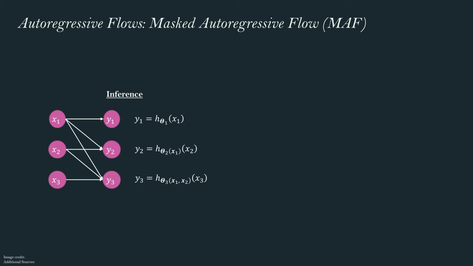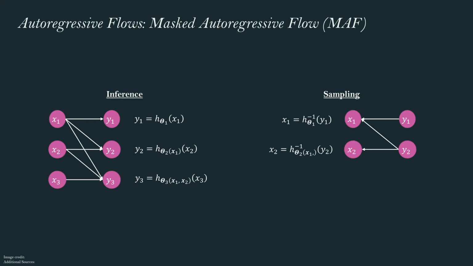Now let's say we want to do sampling. Right? Well, here, we have to start with y1. That's because all of those other conditioners are actually functions of x1 or x1 and x2. So we can't calculate the others until we actually have those inputs. So we have to start with y1, and we can then get x1. Once we have that, then we can calculate x2, because we need x1 for the transformation to go from y2 to x2.